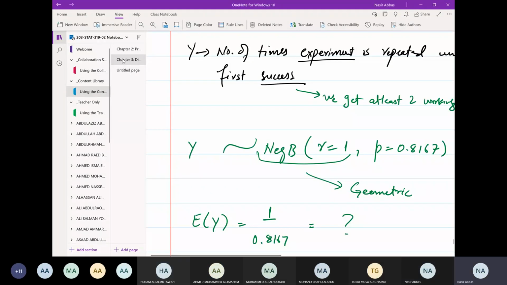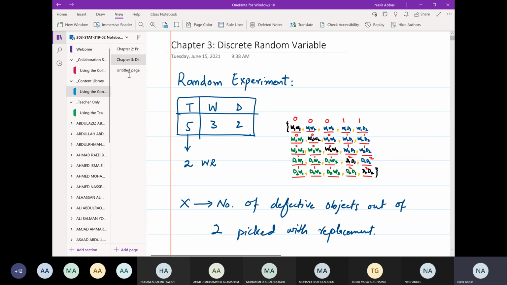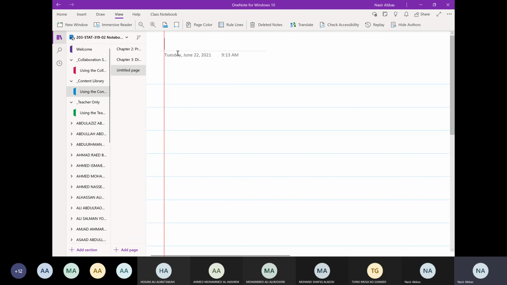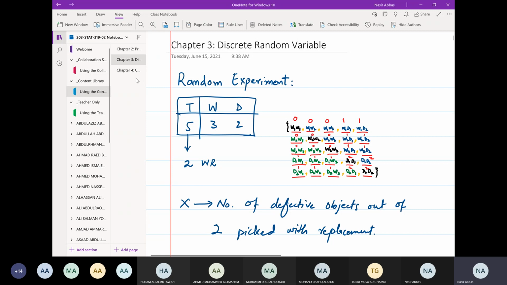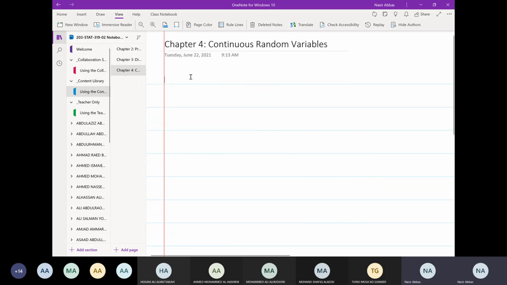So the previous chapter was discrete random variables. If you have any question from the previous chapter, you may go ahead now.